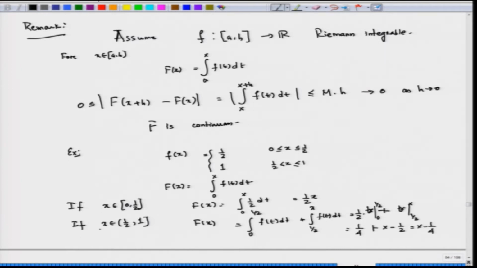However, if I want to compute, for h positive, F of half plus h minus F of half divided by h, let me write it on a separate page.